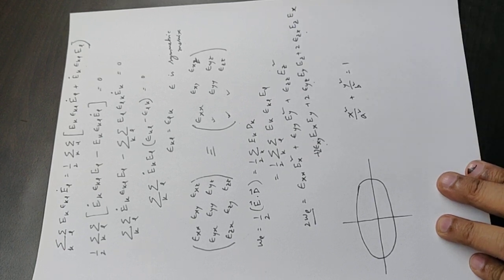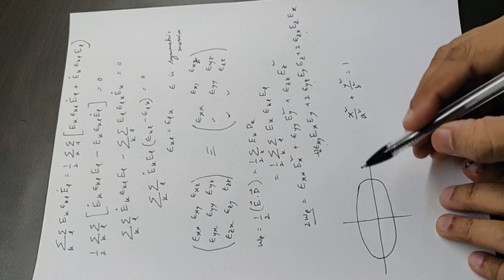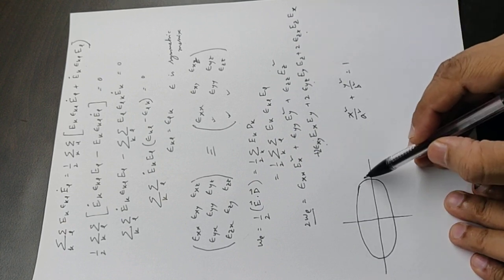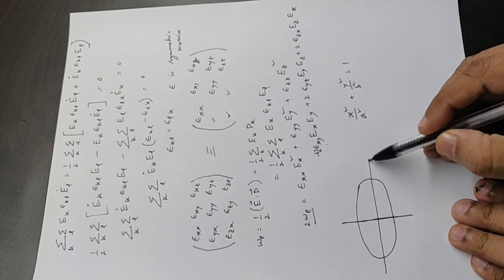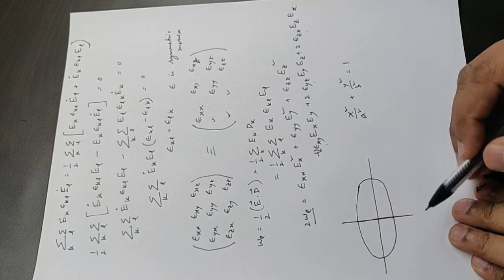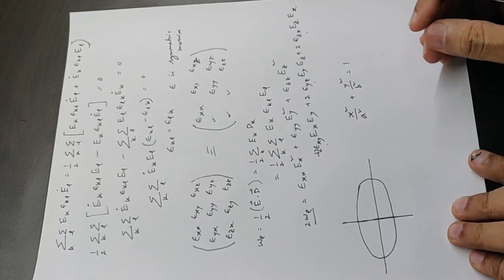This is the equation of an ellipse, but only when the semi-major axis and semi-minor axis correspond to the x and y axis.